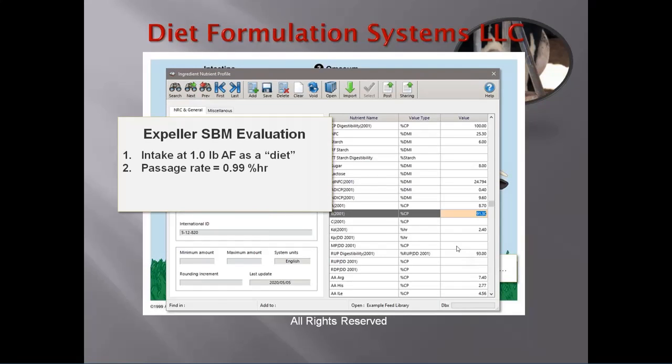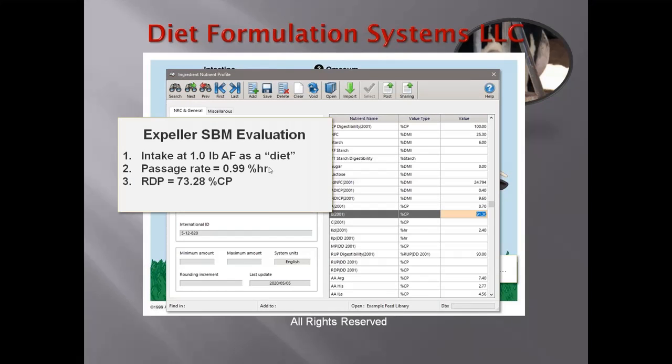The model's going to generate a 1% per hour passage rate at this level of intake. Take a look at what happens to RDP and RUP at this very low passage rate.